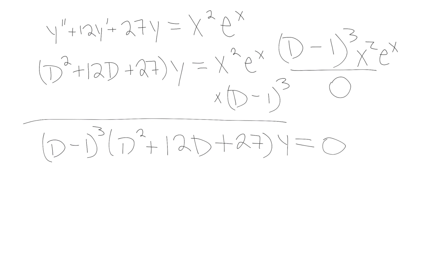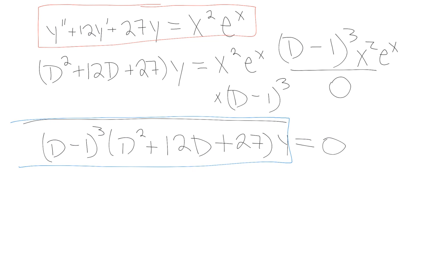So I'll box the original equation here in red. This is the original differential equation, and this is a non-homogeneous higher order differential equation with constant coefficients. And this is the end result. This is the new, I guess you could look at it kind of like a characteristic equation.